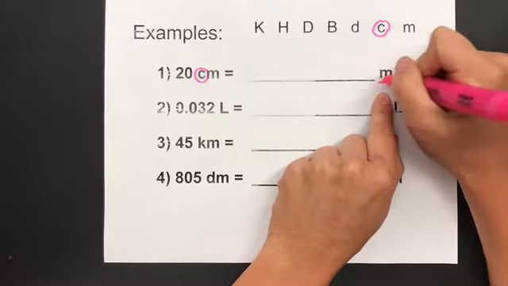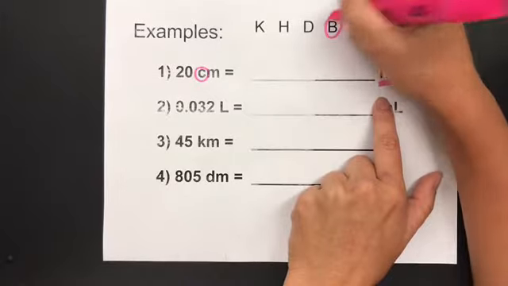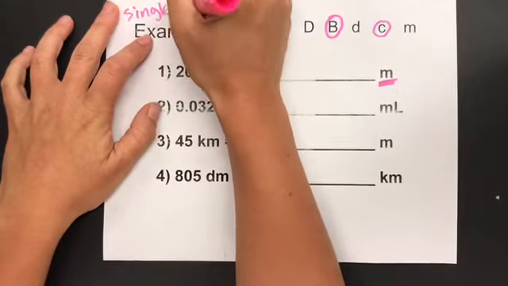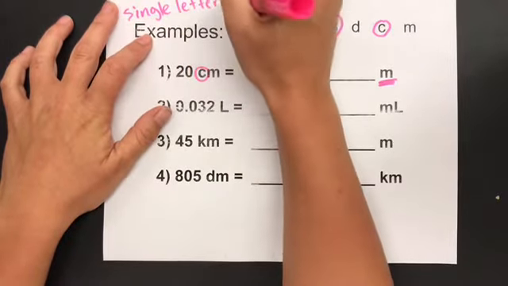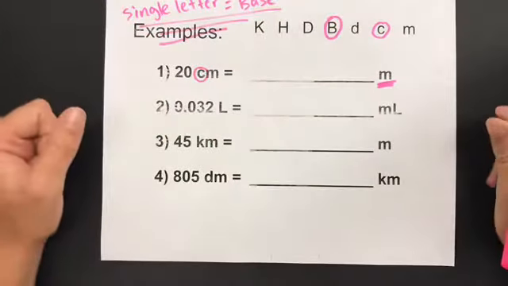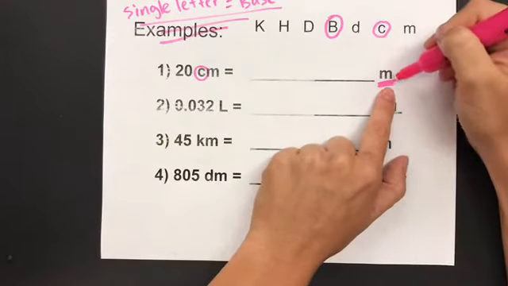If it is a single letter by itself, you are going to the base. Single letter means base. So this means we're going from the C to the base.